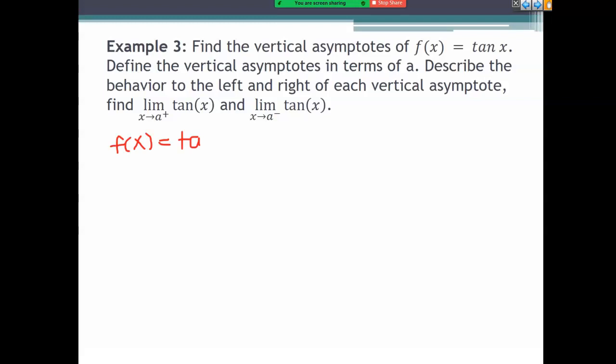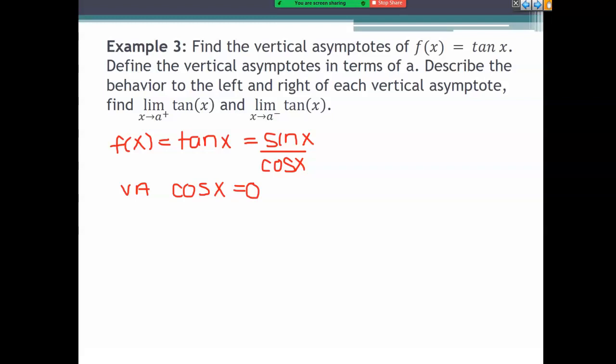Exactly. So if f of x is equal to tangent, tangent's really sine over cosine. Therefore, the vertical asymptotes occur when cosine x equals 0.